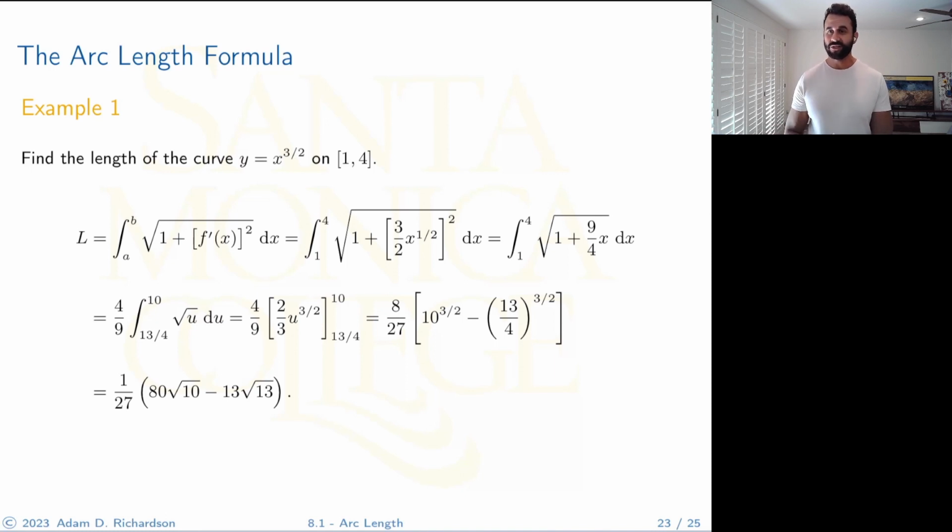In a lot of my research, I try to really avoid having to work with things like this, and try to come up with a distance function that is simpler to integrate so that I can get an actual number. So the simplification process is usually the more difficult part. Just want to give you a heads up about that. But here's an example of this one. So that is the length of that curve between 1 and 4.